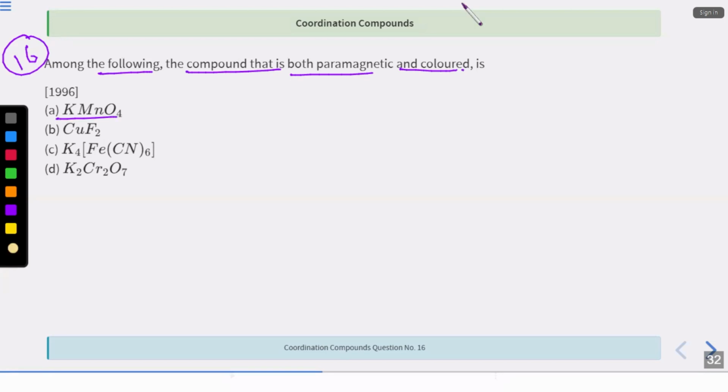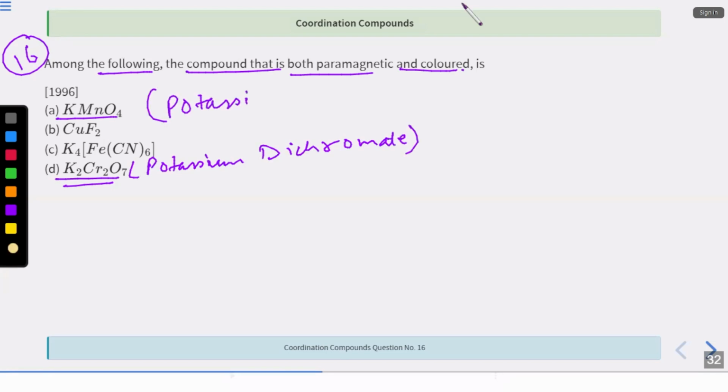This is K2Cr2O7, potassium dichromate, and this is KMnO4, potassium permanganate. These two types of compounds are very important with respect to JEE Mains. Please study the chemistry of these two compounds at least.